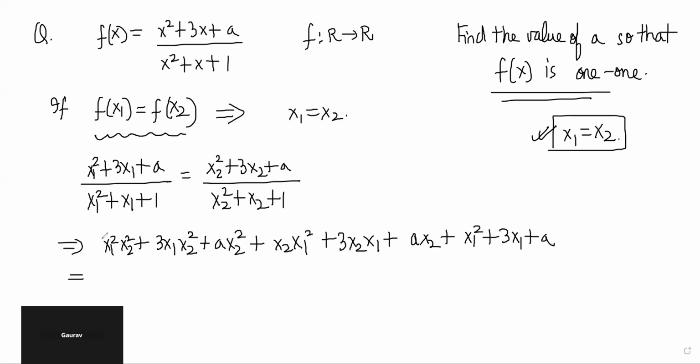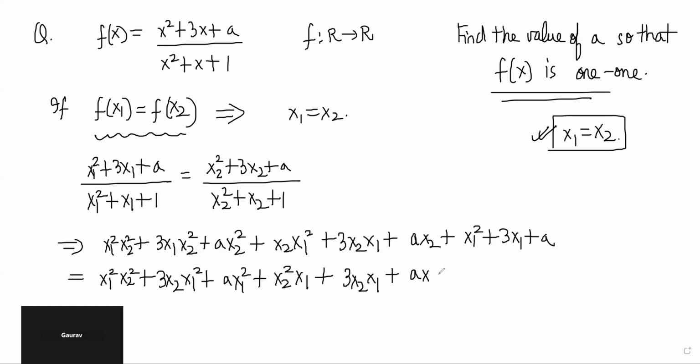On the other side, I will get x1 square x2 square plus 3x2 x1 square plus a x1 square plus x2 square x1 plus 3x2 x1 plus a x1 plus x2 square plus 3x2 plus a, right?